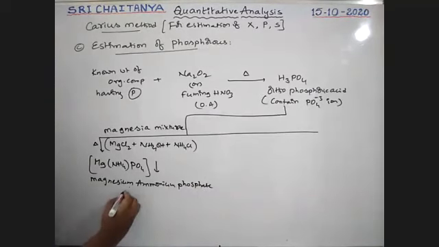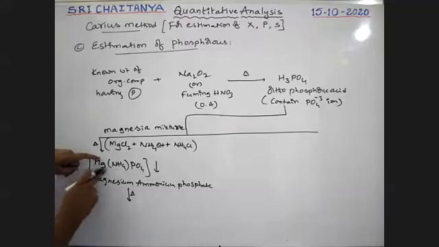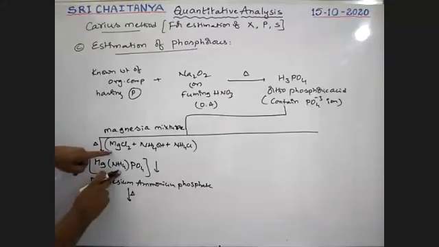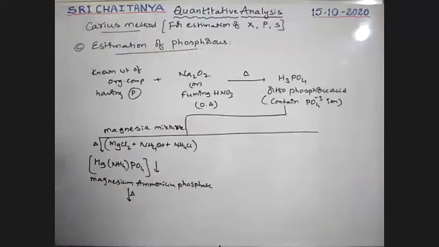It is strongly heated. Magnesium is plus 2, ammonium plus 1, phosphate minus 3, so plus 2, plus 1, minus 3, balanced. Now it converts into Mg2P2O7, called magnesium pyrophosphate.